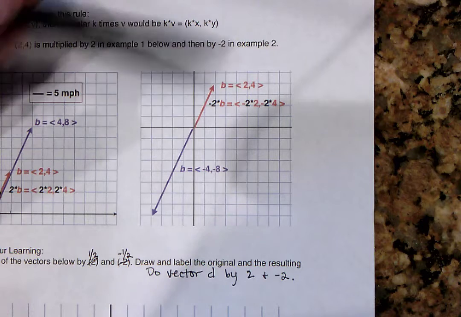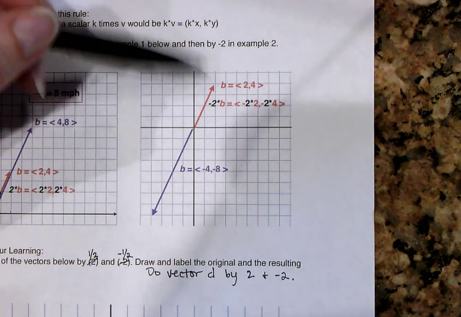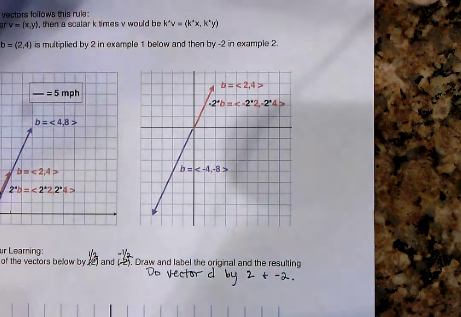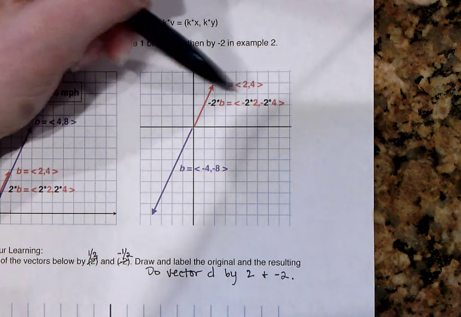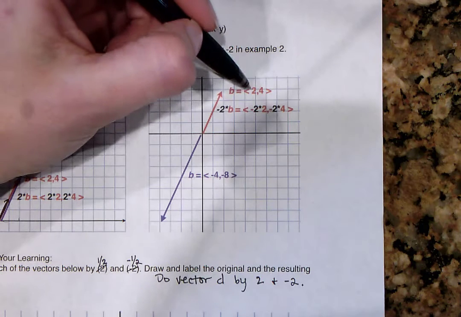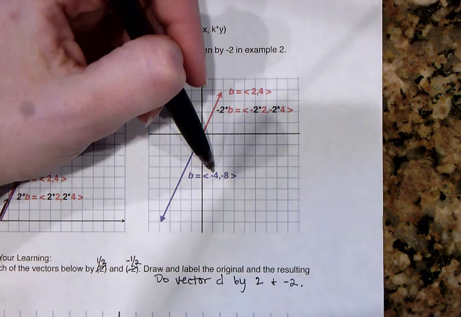continuing in the same direction, it goes in the complete opposite direction. So if you multiply that same vector b, 2, 4, by -2 this time, then 2 times -2 is -4, so that's where they get that -4.